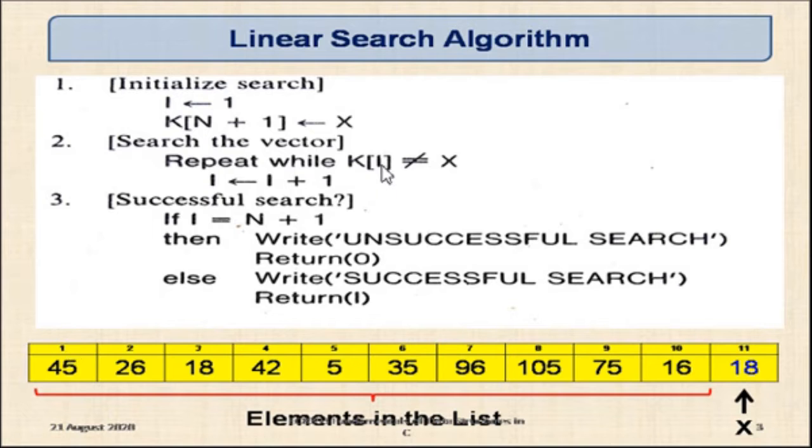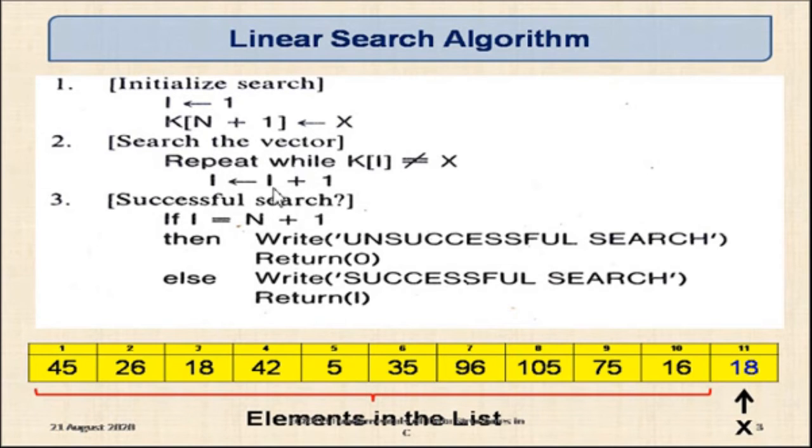So k of 1. It is comparing the element x, the element to be searched, with the first element of the list. So k of 1 is 45. 45 is not equal to x, which is 18. 45 is not equal to 18. The condition is satisfied, so it has to repeat the loop.